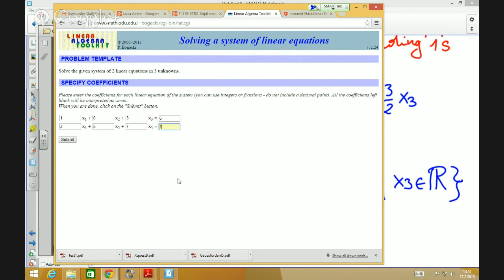You have at most 2 leading ones, and 3 variables. What do you expect here? Could there be exactly one solution? Sort of no. So there are 2 possibilities: either the system is inconsistent or it has infinitely many solutions. Let's see.